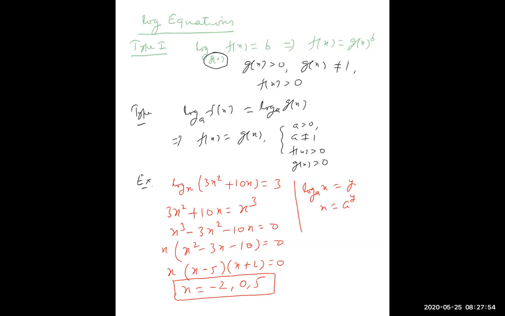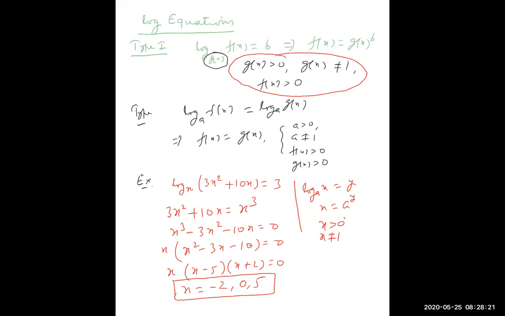So now the question is, are all these three solutions possible for this equation? Because here the most important thing I have told was this. For example, in log x, this x is the base. So what is the condition from here? This x must be greater than 0. x cannot be equal to 1.